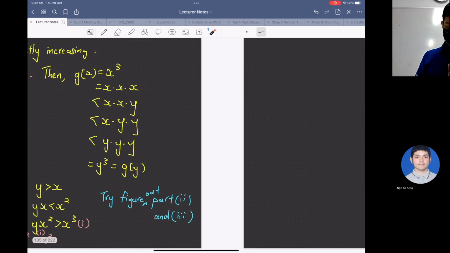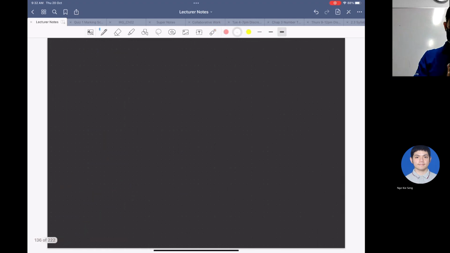Okay, then what next? So next, the image of f is always a subset of your codomain. So if your image of f coincides with your codomain, then we will say the function is onto.